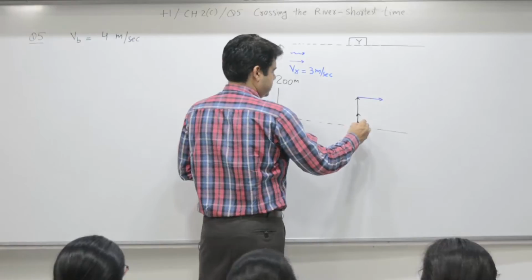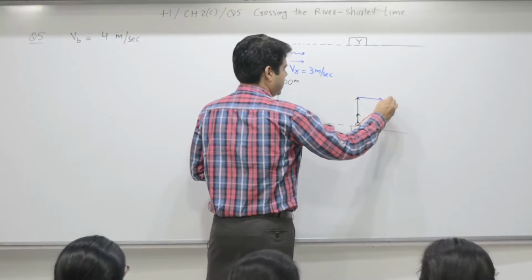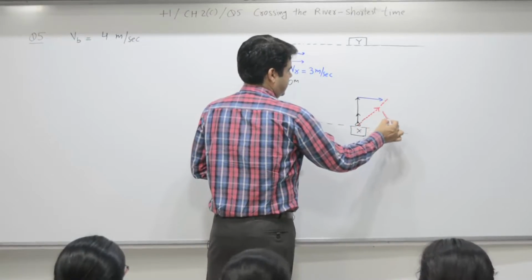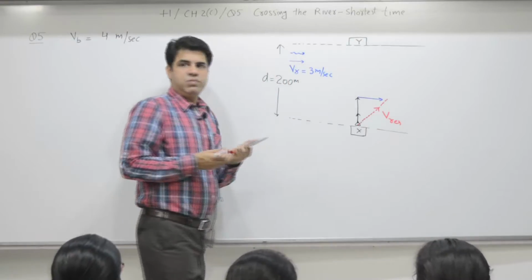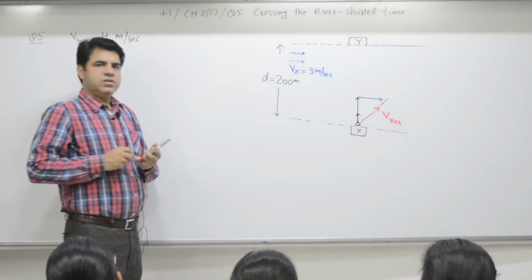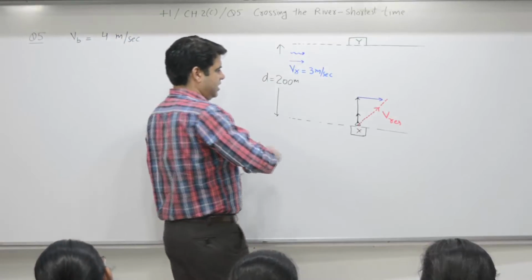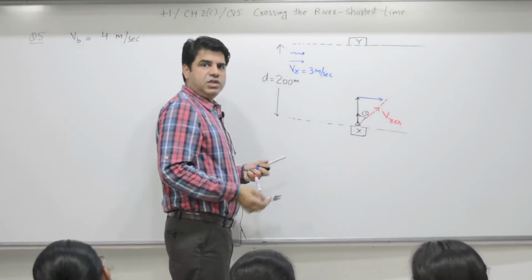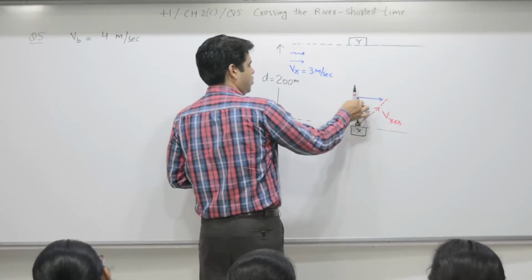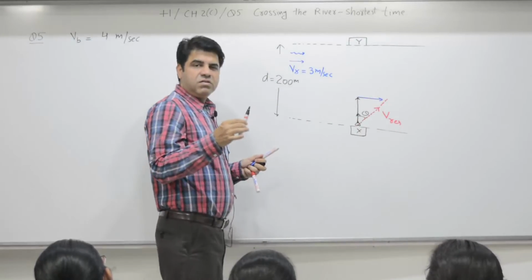Even a 10th class student can answer that the resultant comes out to be 5. That is why it will make an angle theta. So it is a regular process, 4, 3.